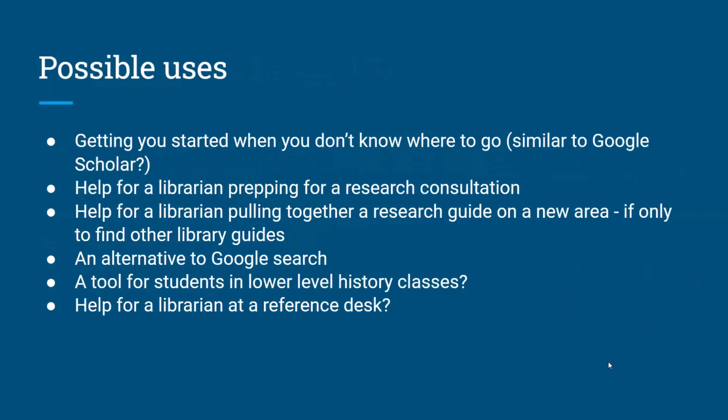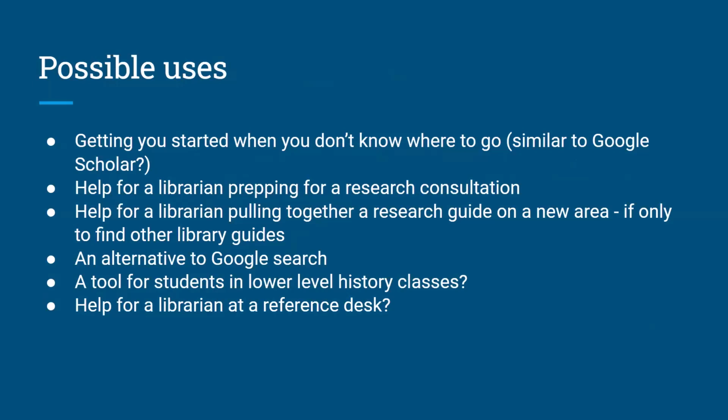So I have been thinking about possible uses for Perplexity. And I think it is probably a good place to go to get you started when you don't know where to go. This is maybe similar to how some of us might use Google Scholar when we're on a topic that's interdisciplinary, or we're not sure which disciplinary approach to take. So we do a wide-ranging search to help us figure out where to go.